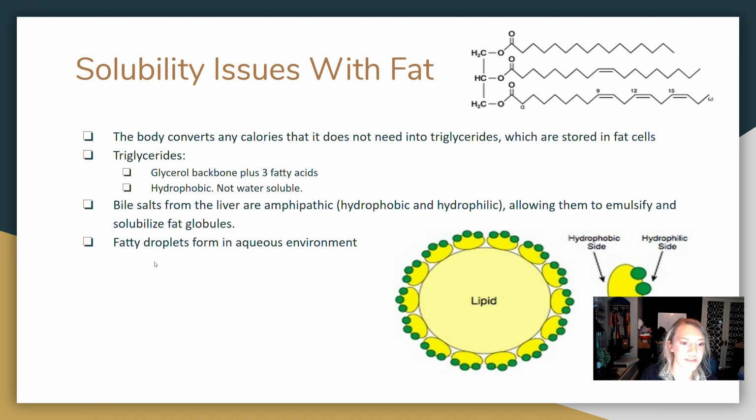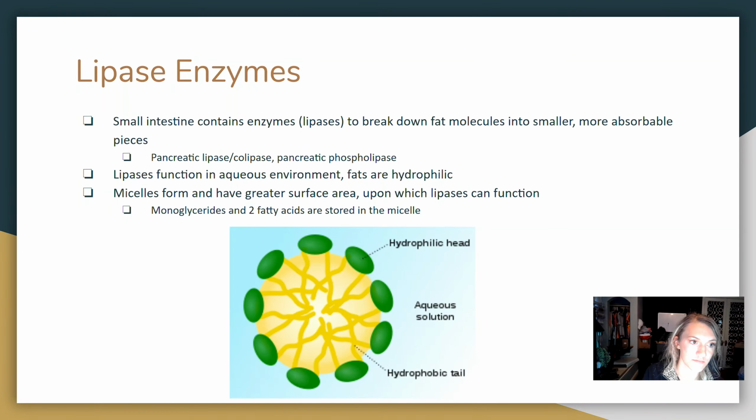From here, those fatty droplets are formed in an aqueous environment. This is then where the small intestine breaks fat molecules into smaller, more absorbable pieces.